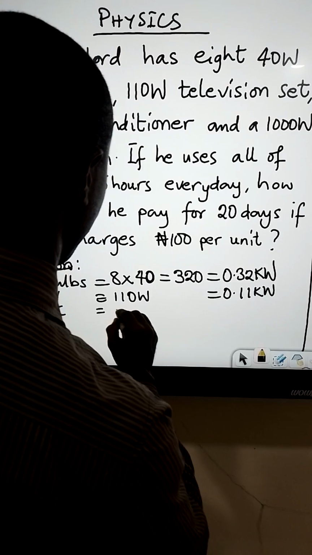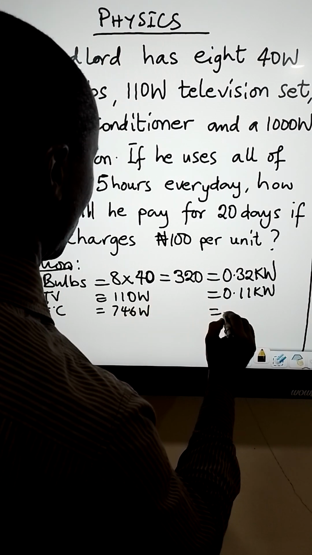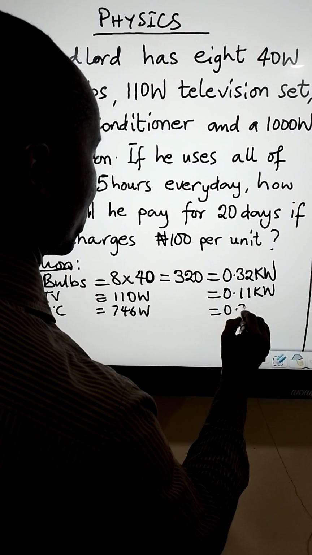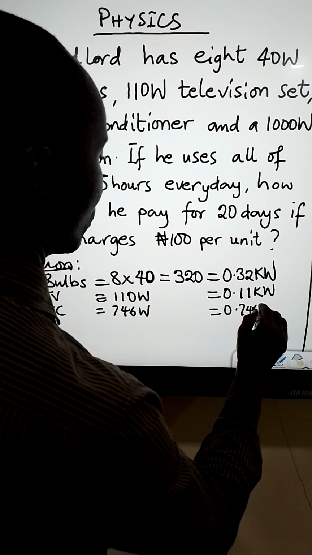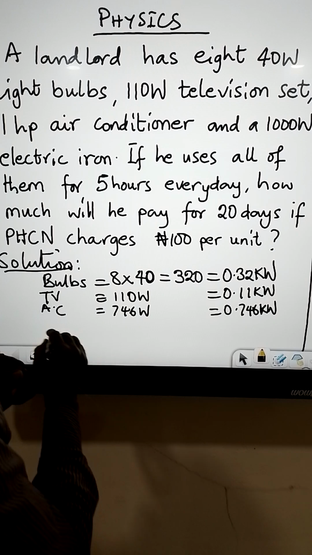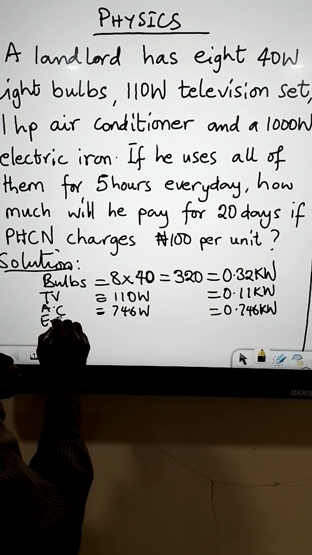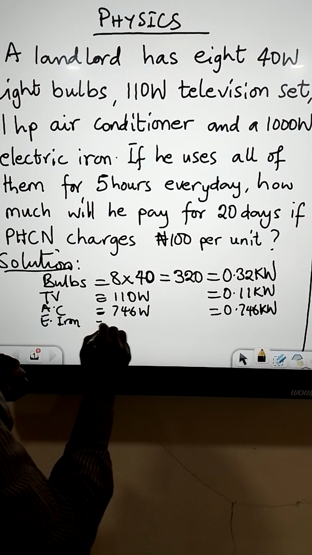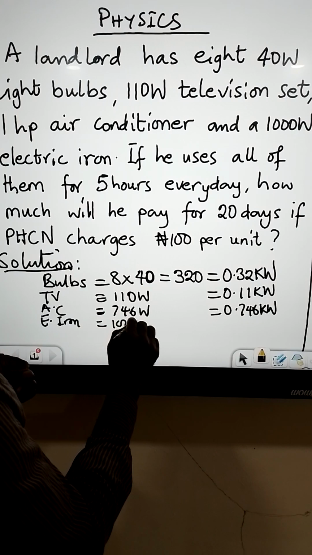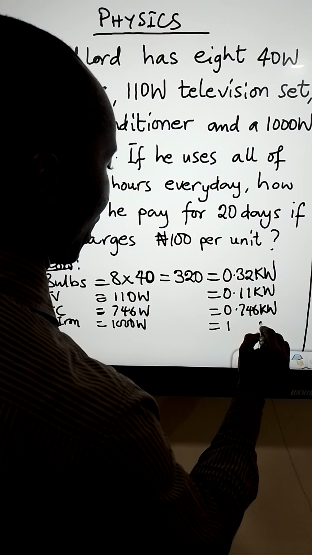So we'll be having 746 watts, which is equivalent to 0.746 kilowatts. What else do we have? We have the electric iron, and that is 1,000 watts, which is equivalent to 1 kilowatt.